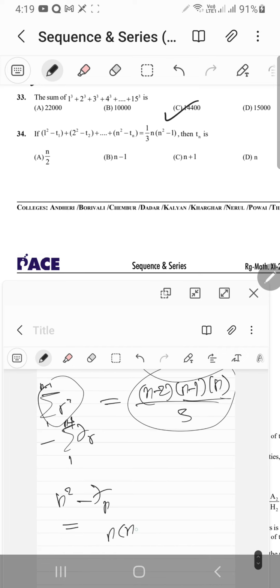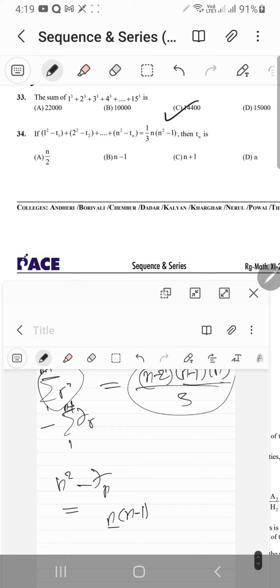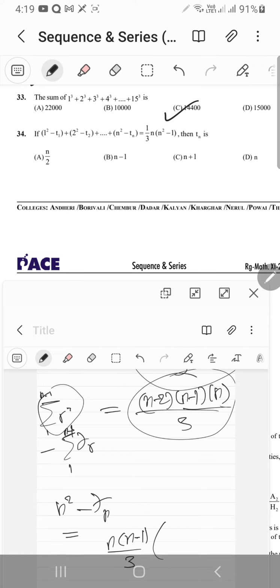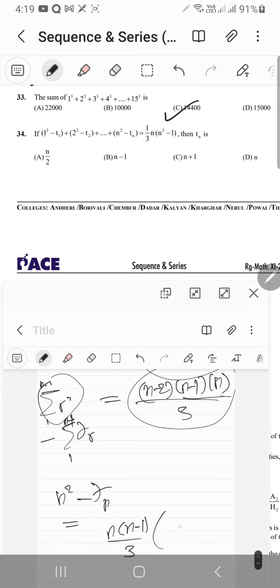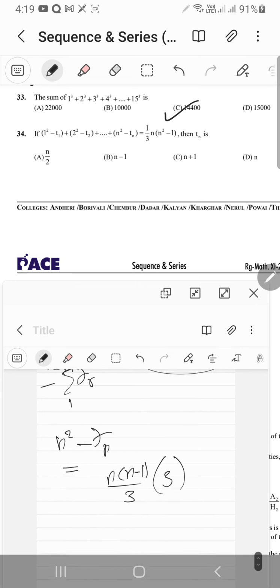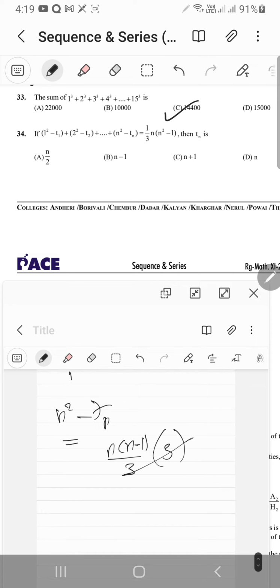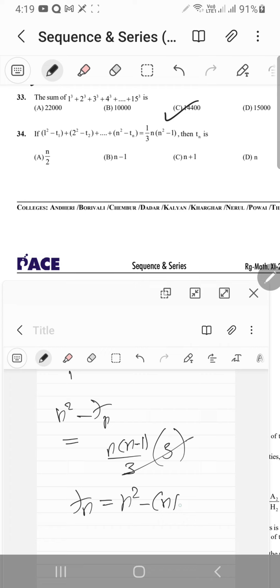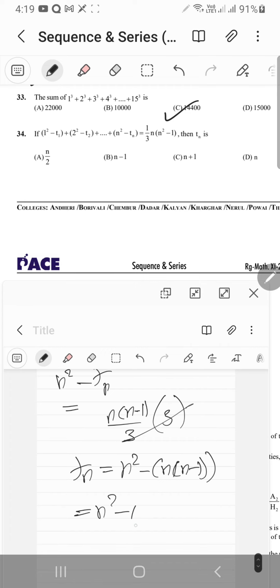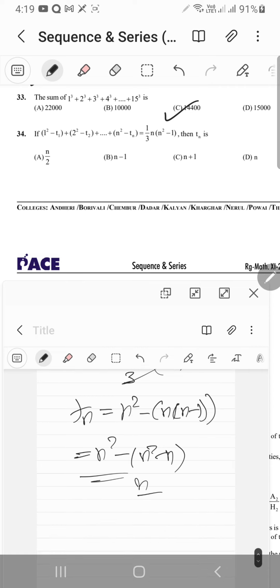It's n into n minus 1 upon 3 into n plus 1 minus n minus 2, which is 3. This cancels. So Tn is n squared minus n into n minus 1, which is n squared minus n squared plus n, which is n. Yes, Tn is n.